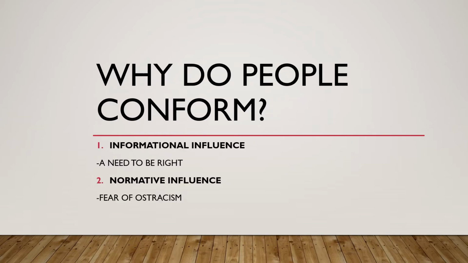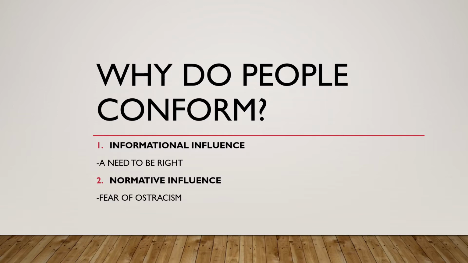Okay, so why do people conform? Well, according to Kassin, people conform for two reasons. They have a need to be right, and this is called the informational influence. Here the people are looking for the right answers, so they conform to the collective wisdom of large numbers of other people.